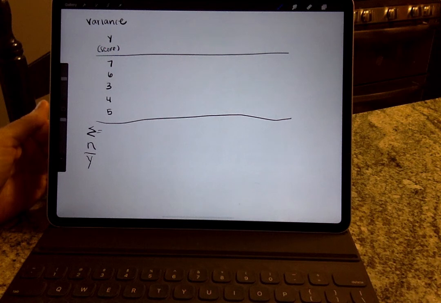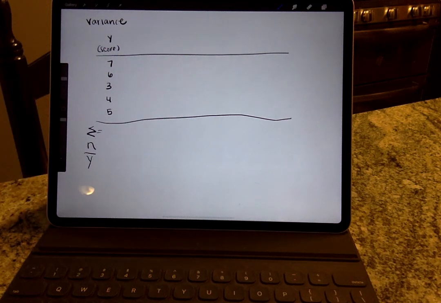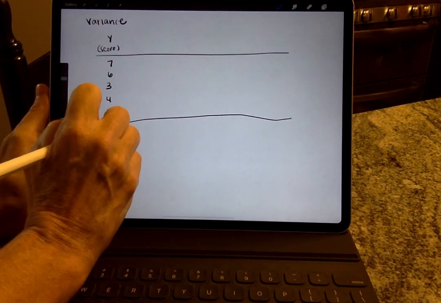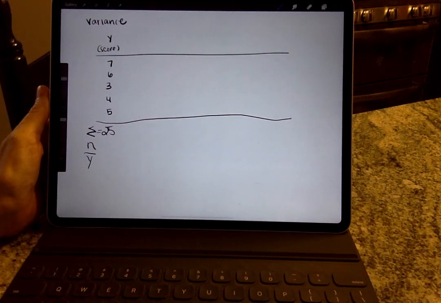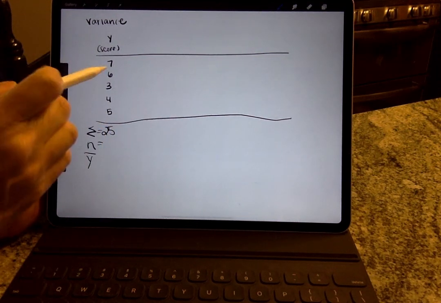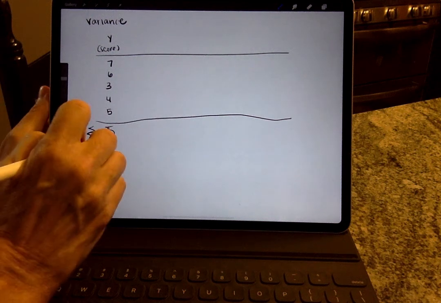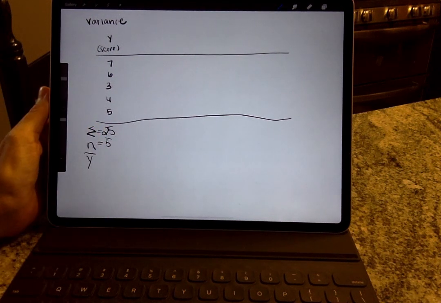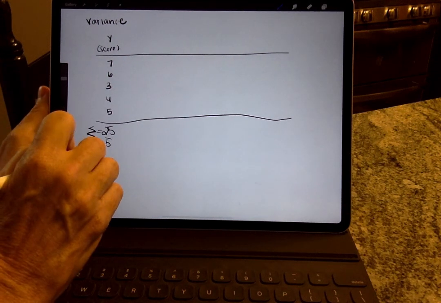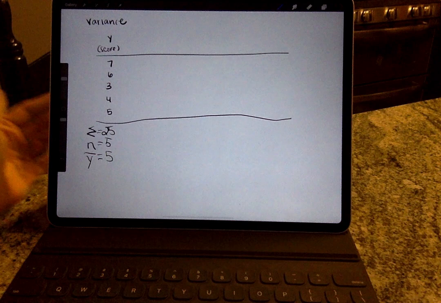We add up all those numbers, and the sum is 25. N is the number of subjects. We've got 1, 2, 3, 4, 5 subjects, so our N is 5. And our y bar, which is our mean, is 25 divided by 5, which is 5.